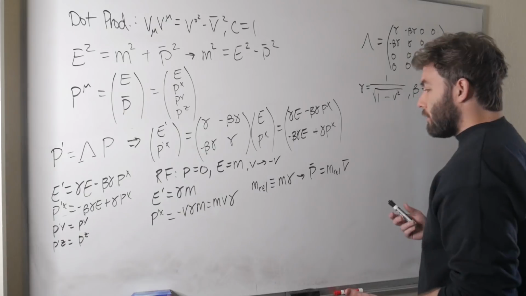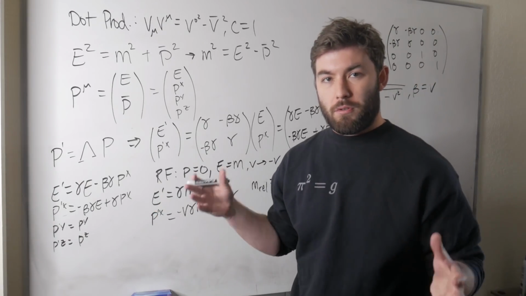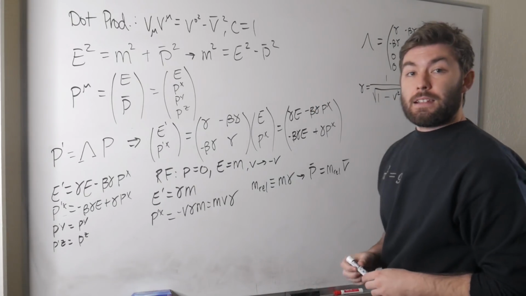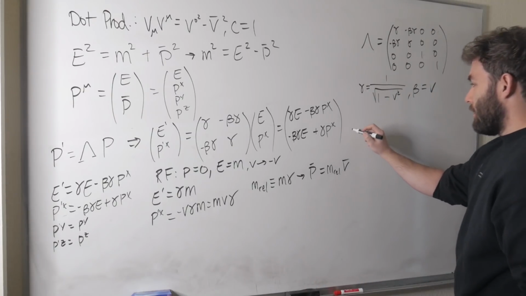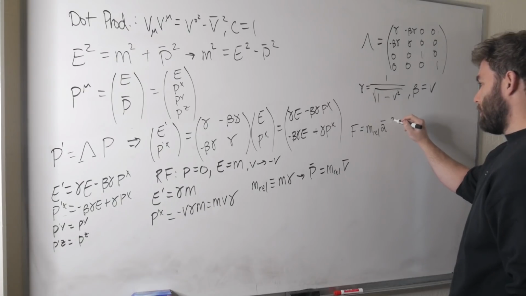The thing that makes this so confusing is you can't just tack this relativistic mass onto anything and think that your equations hold. For example, the force is the time derivative of the momentum. So can I just say that the force is equal to m relativistic times the acceleration?